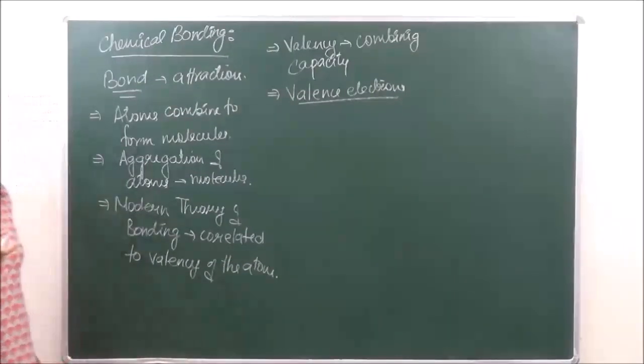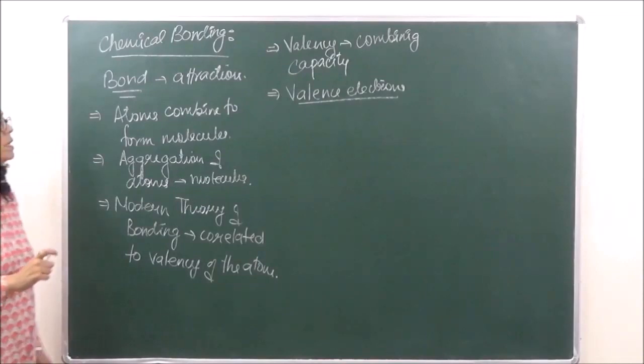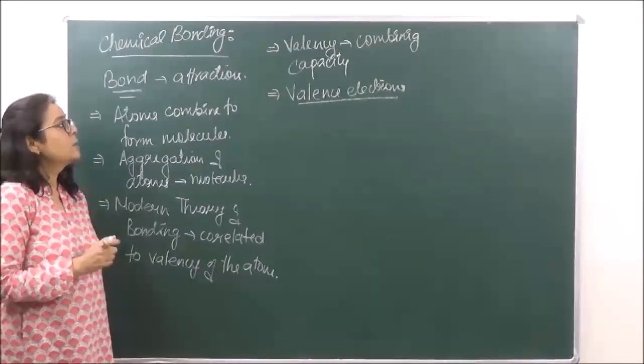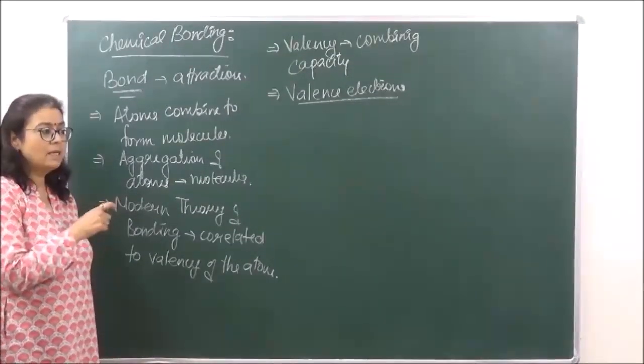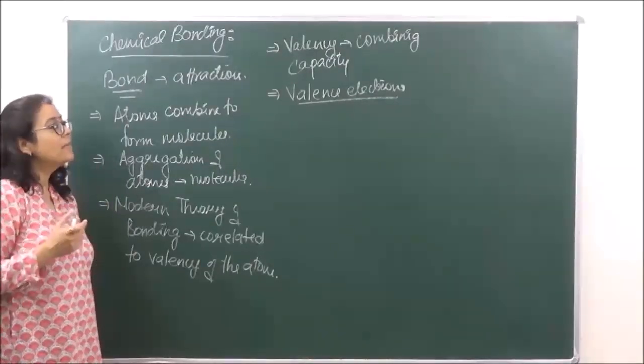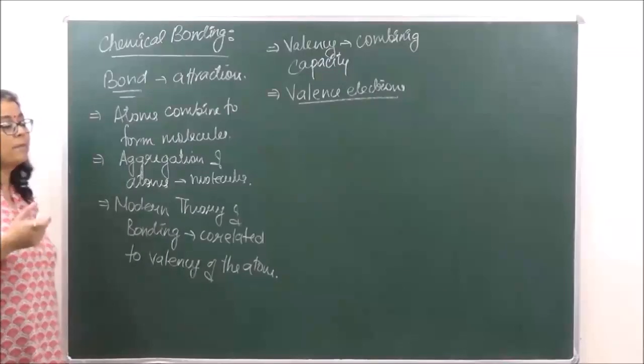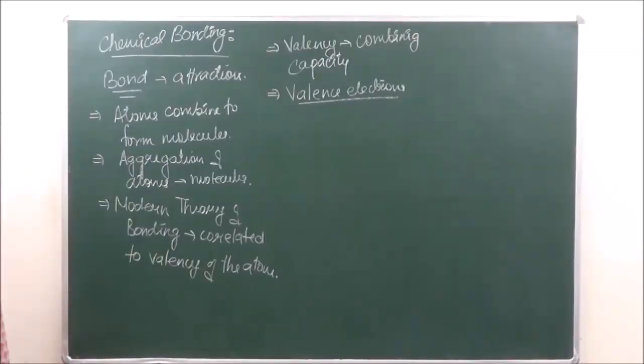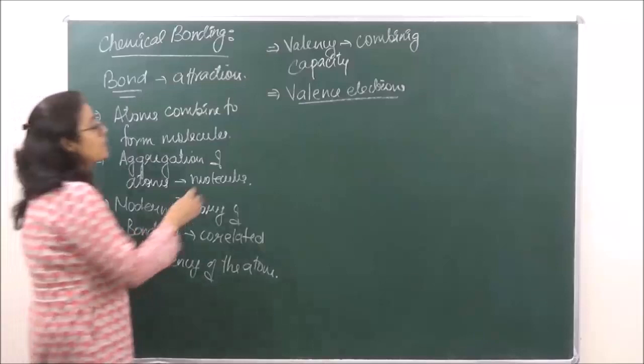So the chemical combination of atoms depends upon the valency, valency depends upon the number of valence electrons, and valence electrons are the electrons present in the outermost shell of any atom.